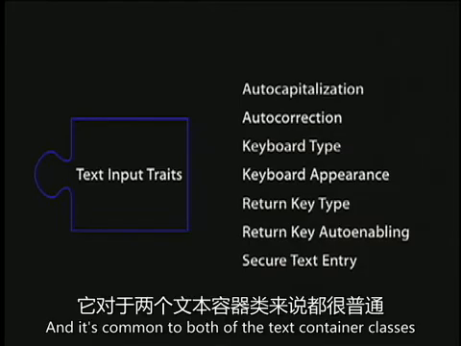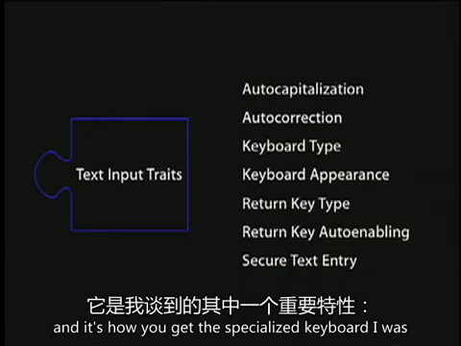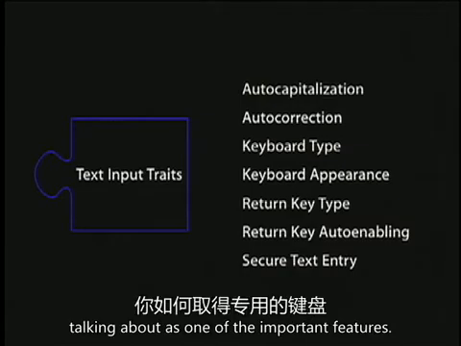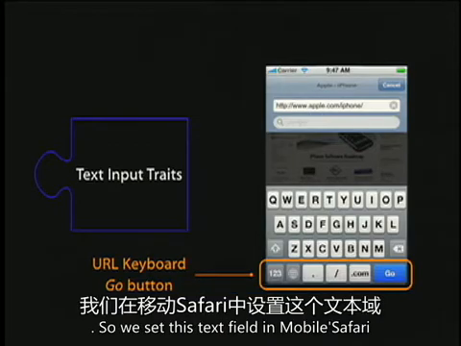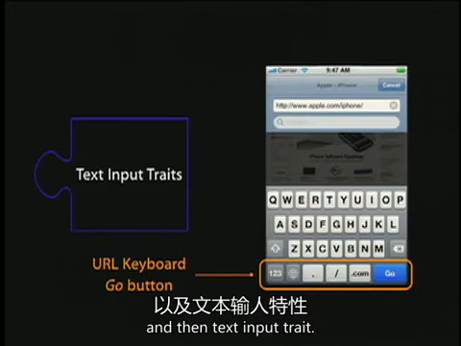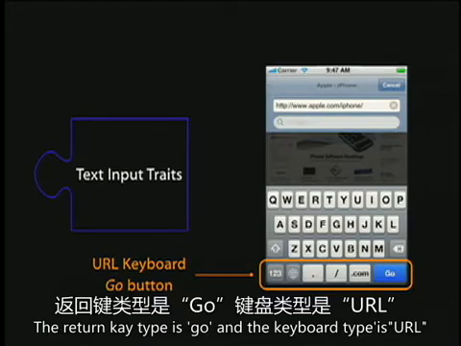And it's common to both of the text container classes, and it's how you get the specialized keyboard I was talking about as one of the important features. So an example of these is the URL keyboard. So we set this text field in mobile Safari, and the text input trait, the return key type is Go, and the keyboard type is URL.